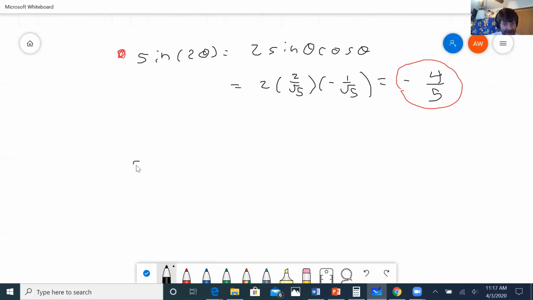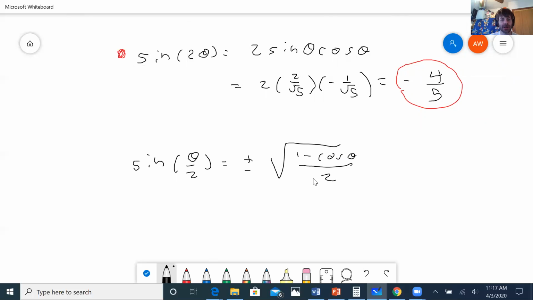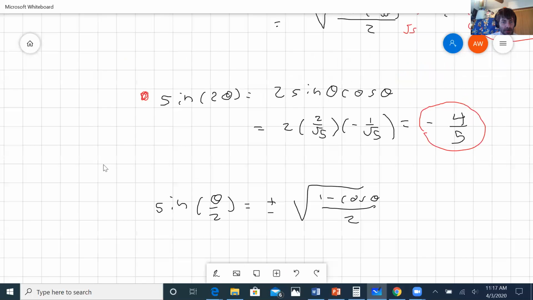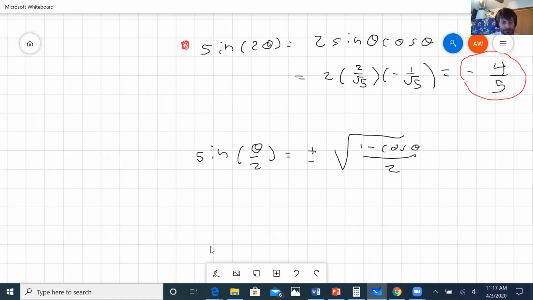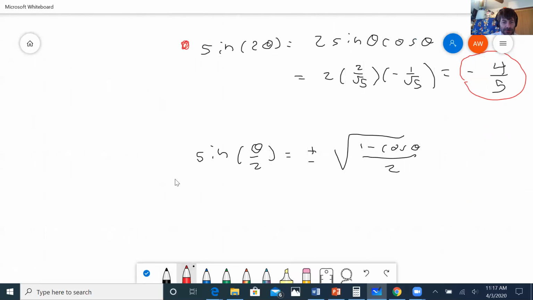Then they want us to find the sine of theta over 2, which is plus or minus root of (1 minus cosine theta) over 2. Again, remembering that we were in quadrant 1, right? Theta's over here, half of theta is going to be over there, which means that I am going to take the positive value.